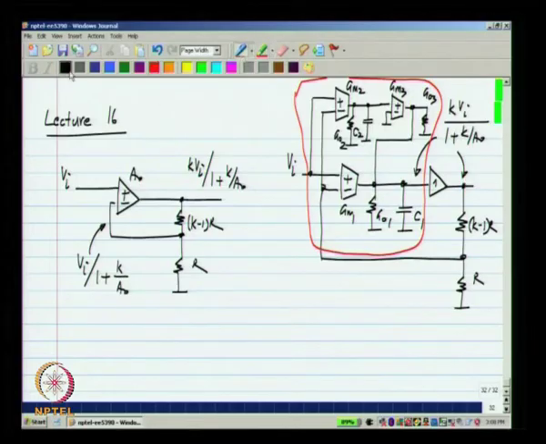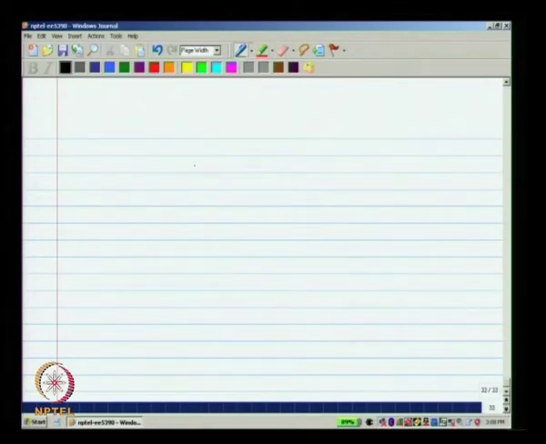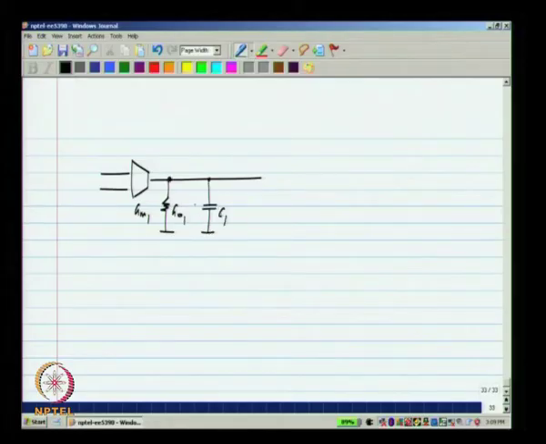So, if I redraw the op amp by itself, I will have the original part and I have the part that I have added.